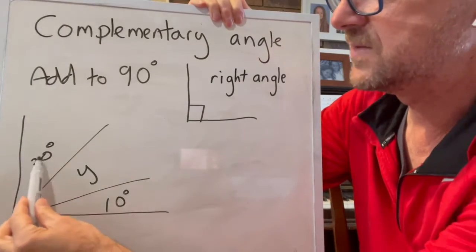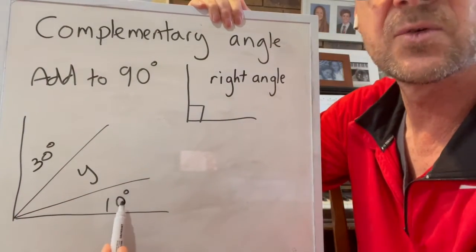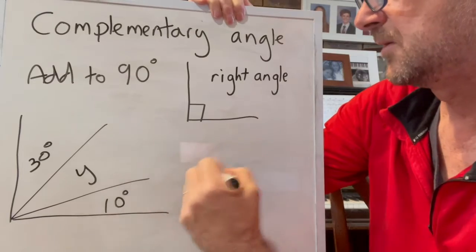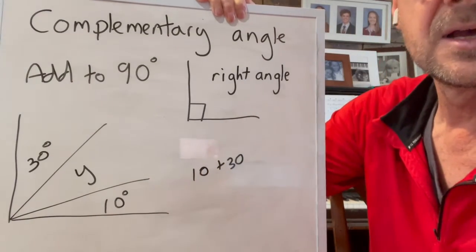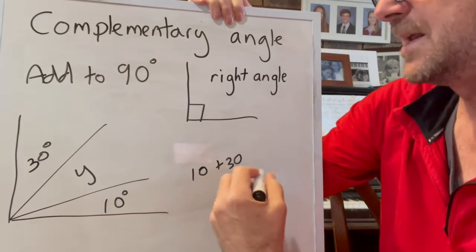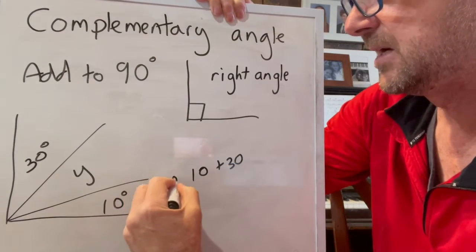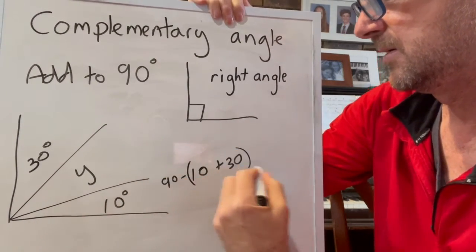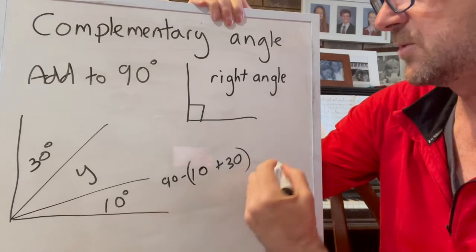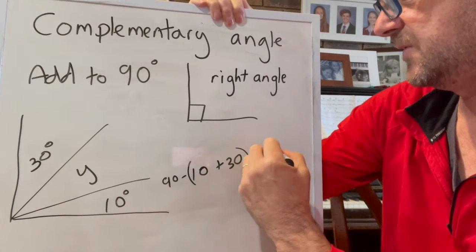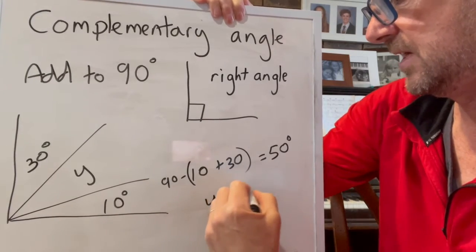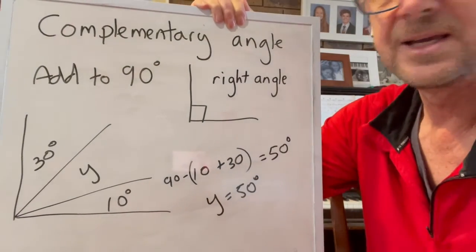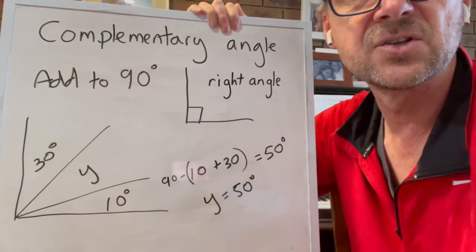So it would be a case of adding those two together, 10 plus 30, to give you 40 degrees, and you're going to take that away from 90. So 90 take away that 40 is going to leave you with 50 degrees. So therefore, y equals 50, okay? In the end, these just have to add to 90.